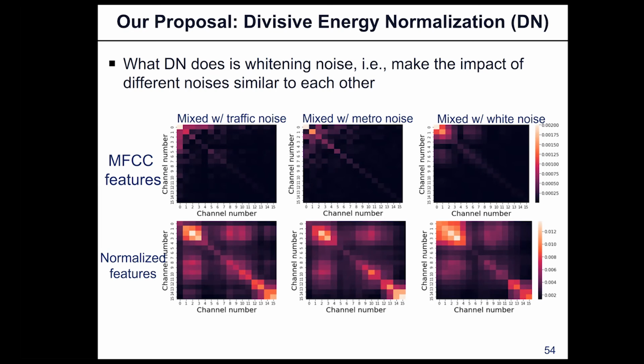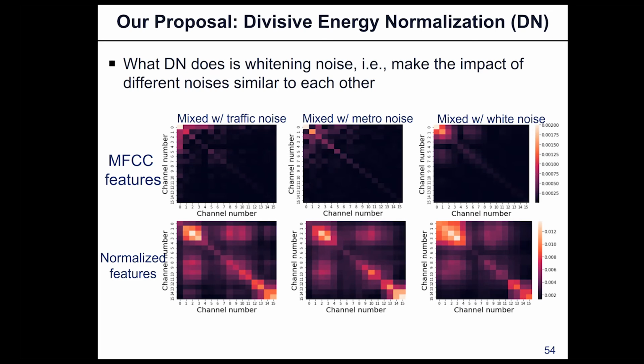And here we perform the covariance calculation of these features and show this map of the covariance. As you can see, in the top row they all look similar, but they're actually quite different if you look at them. A lot of the part is black, but there are also very different colors at some important points here and there. Whereas if you look at the bottom, these show a more similar pattern.